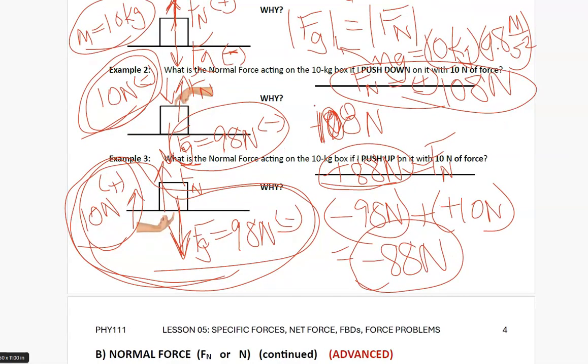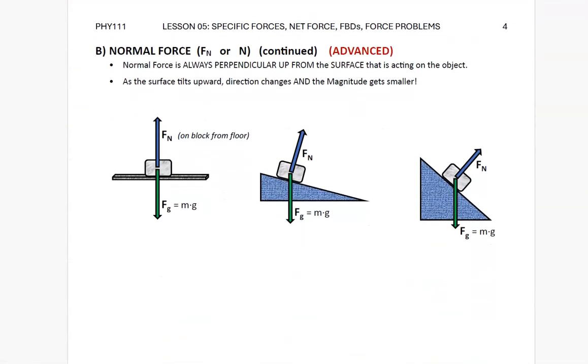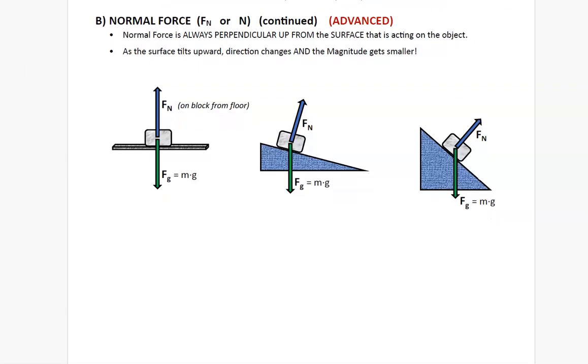All right, so I did tell you that normal forces are perpendicular from the surface, but the surface doesn't have to be level. We just finished examples where it is a horizontal surface, and all the problems you're going to get on the exam are going to be horizontal surfaces.